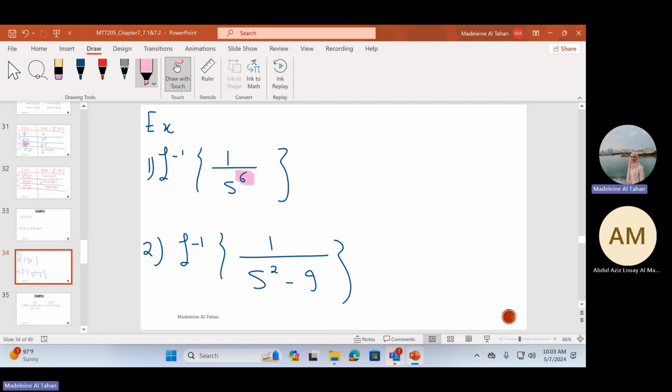What do we have here? 6. And this 6 is what? 5 plus 1. So it's 1 according to the table, 1 over 5 factorial. And what do we have here? T power 5. Any questions regarding the first one?